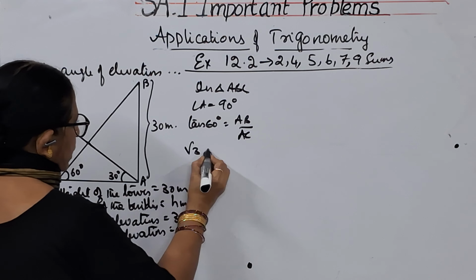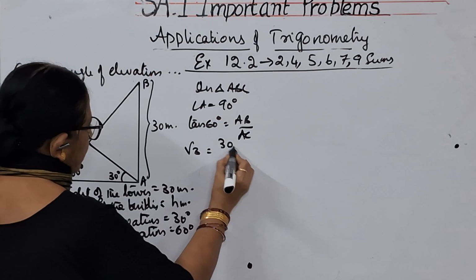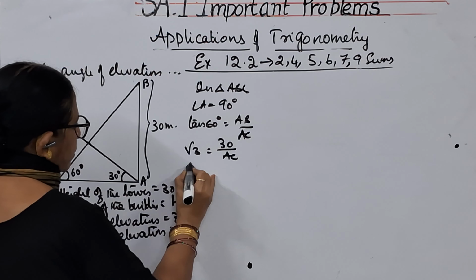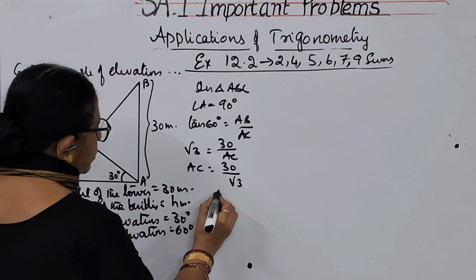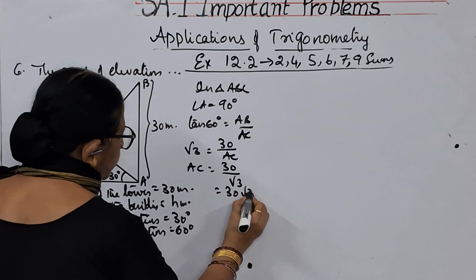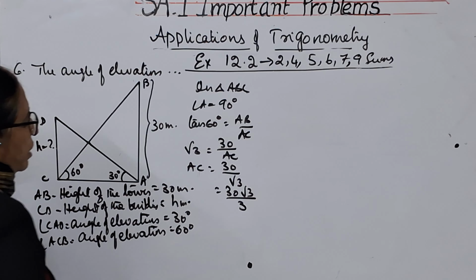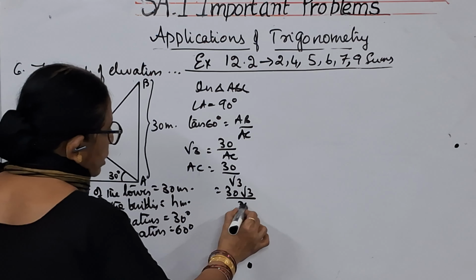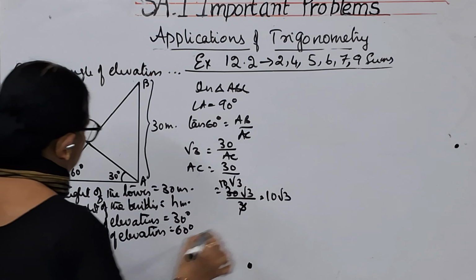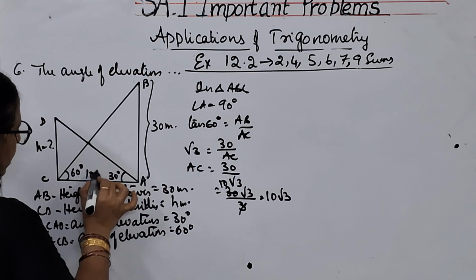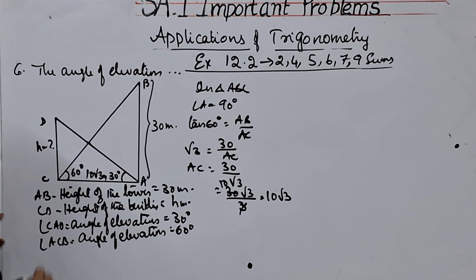That is root 3 is equal to AB, which is 30, by AC. So, what is AC? 30 by root 3, or 30 root 3 by 3 you will be getting. Rationalizing the denominator, 3 ones are 3, 3 tens are 10 root 3. AC is 10 root 3 meters.